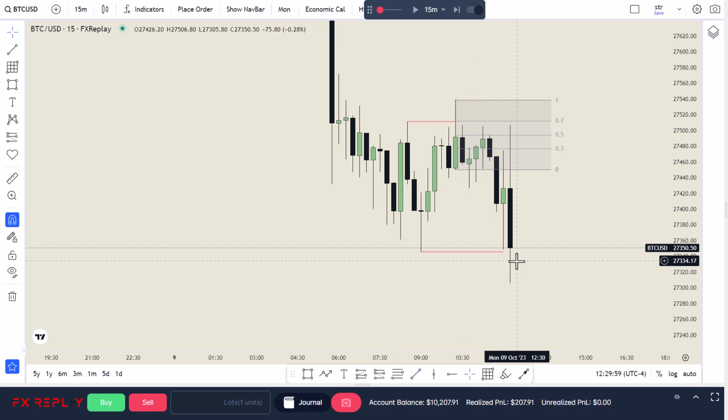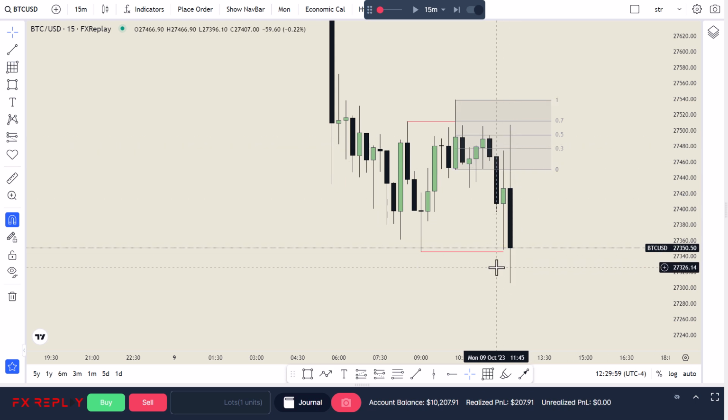This is extremely important for me. If we don't liquidate this low, if we don't close below it, for me this is still the target. But if we liquidate it, this would be the target right here, and this is a risky sell.